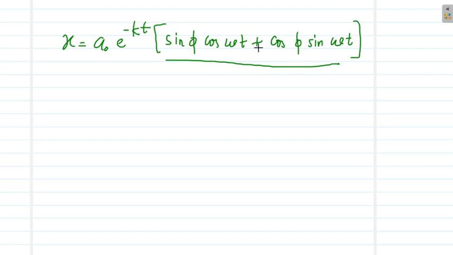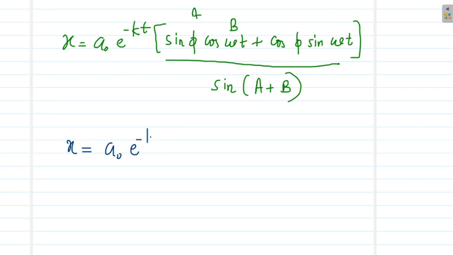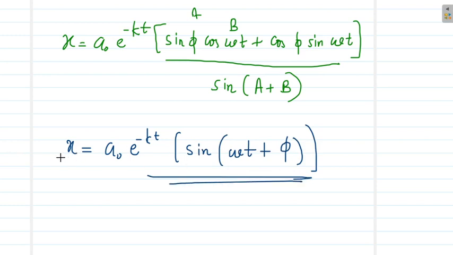This is sin a cos b plus cos a sin b, which is simply sin (a plus b), where a is phi and b is omega t. So we can rewrite x as x is equal to A0 e raised to minus kt into sin (omega t plus phi). So this is the expression for an underdamped oscillator.